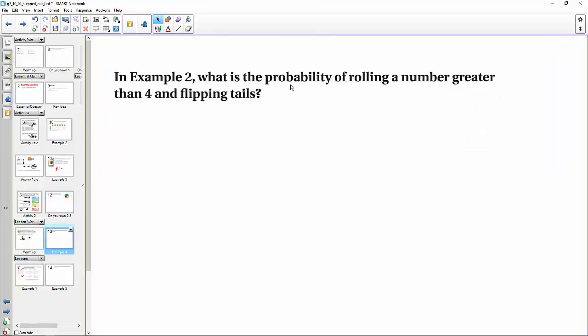This one here says, what's the probability of rolling a number greater than 4 and flipping a tails? Well, number greater than 4, that means that there are 2 out of 6 that meet that criteria, number 5 and number 6, right? And there's 6 total outcomes. And flipping a tails is a 1 out of 2. So I'm going to multiply this and I'll have 2 out of 12 or 1/6.